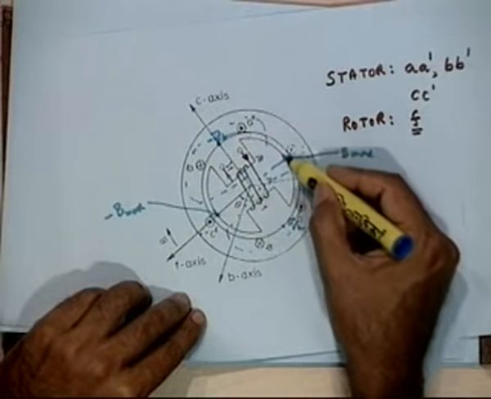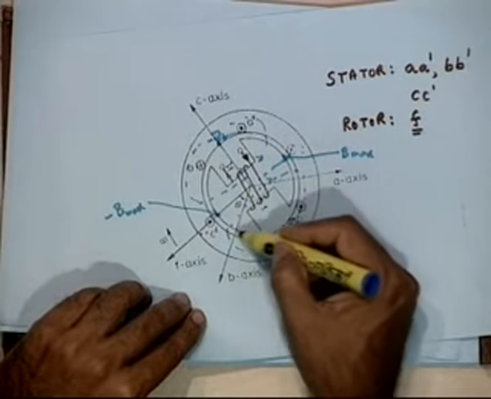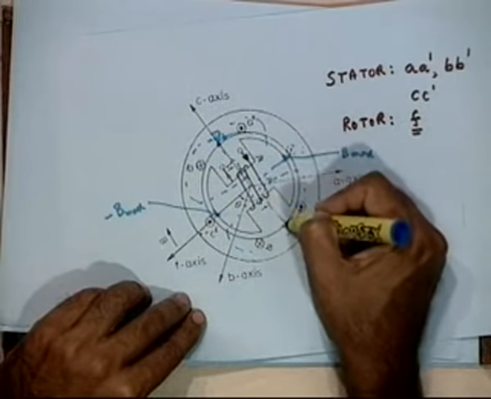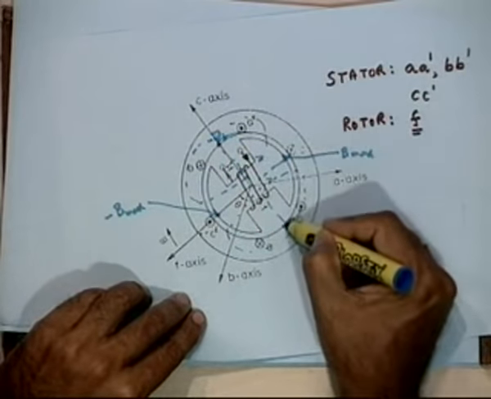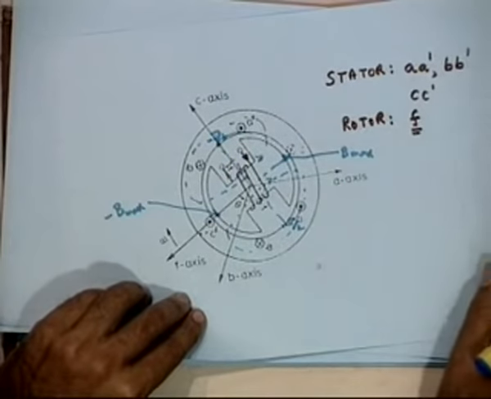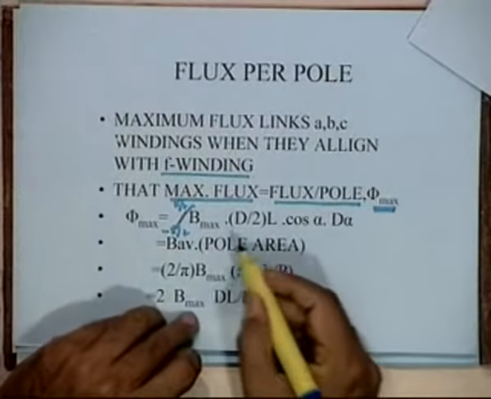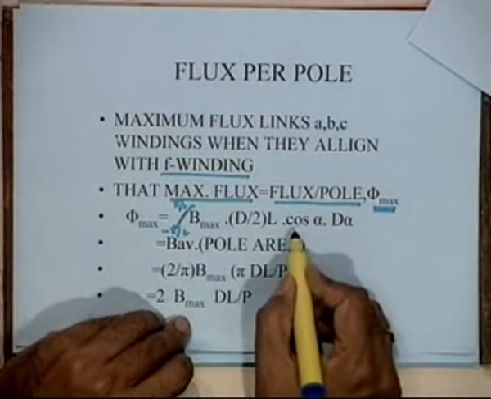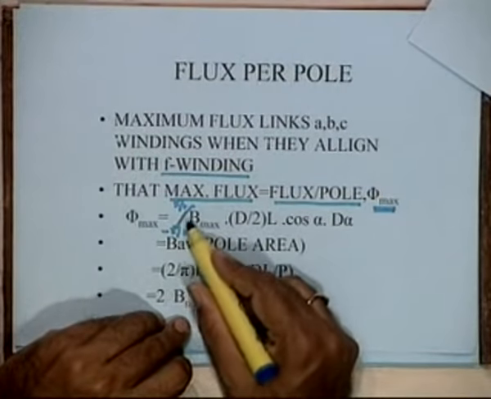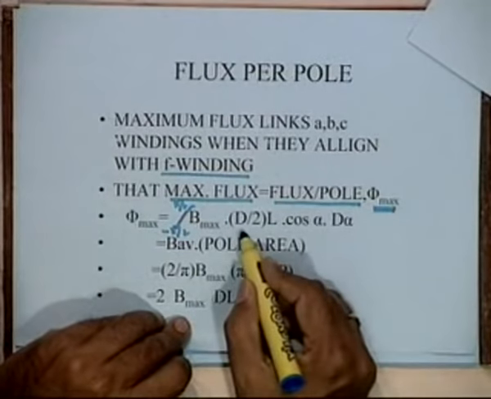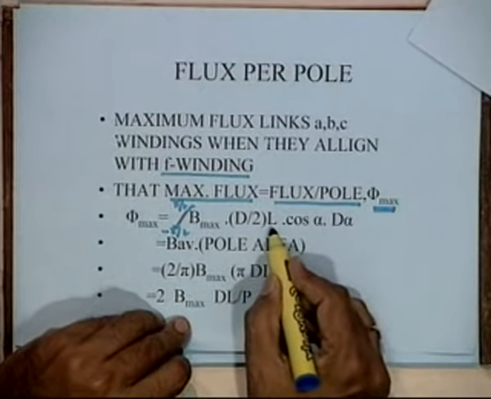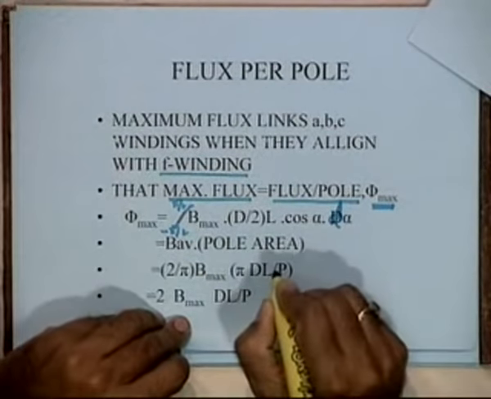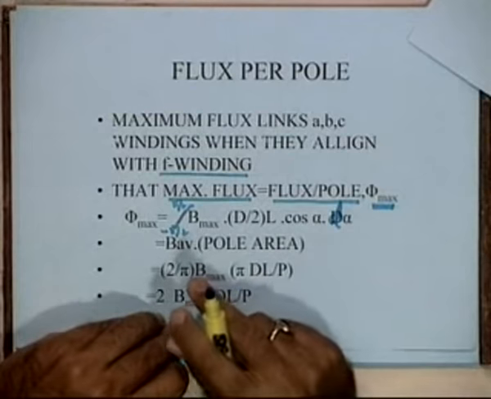This is the flux per pole, because the same flux returns through the south pole. So our concern is whatever flux is emanating in this area, minus pi by 2 to pi by 2, of B max cos alpha, that is the flux density into radius into length into d alpha. So we are integrating that.